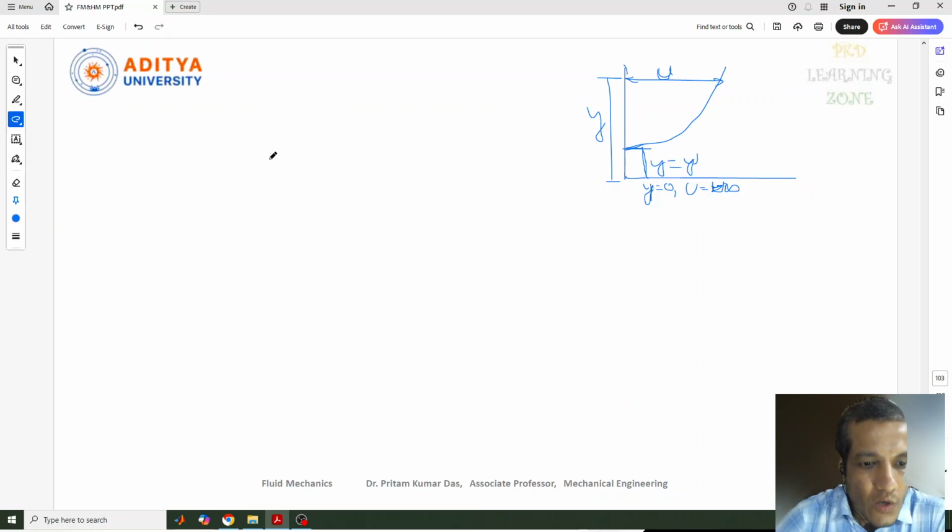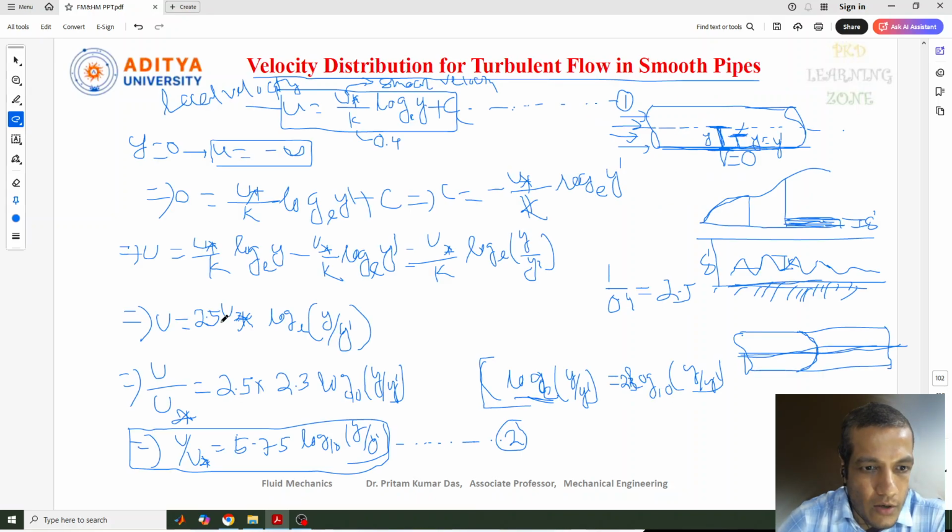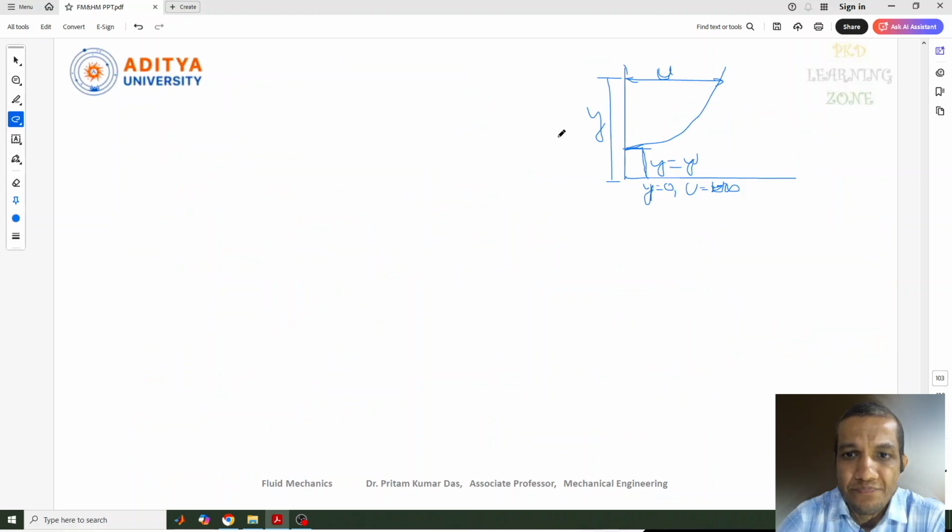Now why am I telling you these things? Because the equation we got here is applicable for the smooth pipe as well as for the rough pipe. For the smooth pipe, we need to consider that the velocity distribution in the laminar sublayer is parabolic in nature.